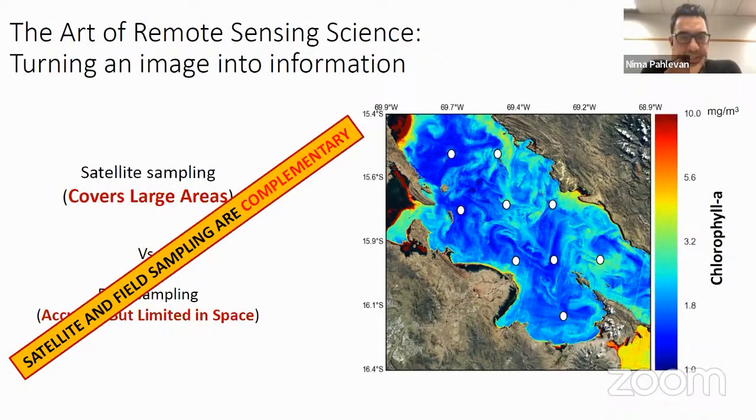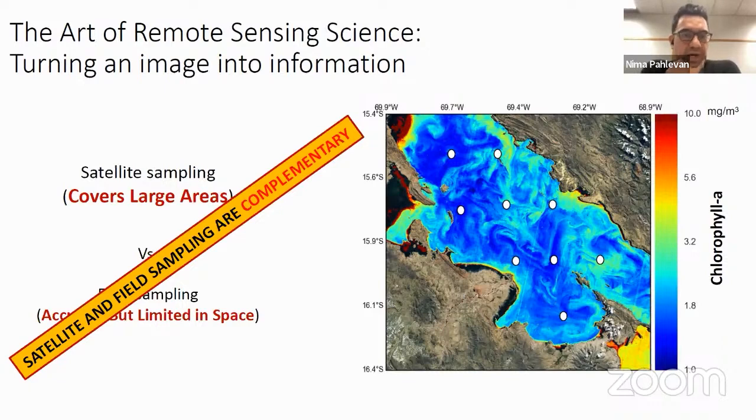I basically just indicated what I was going to say here, but overall, satellites cover a large area. It gives you a quick exposure, a synoptic view of the concentration of chlorophyll A in this instance. However, in general, they're considered complementary to field sampling. The satellite observations are not there to replace field sampling.